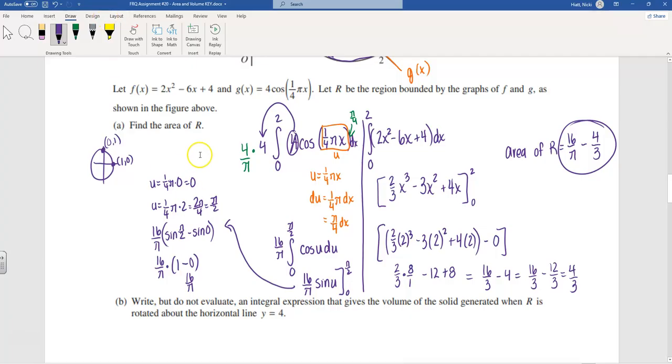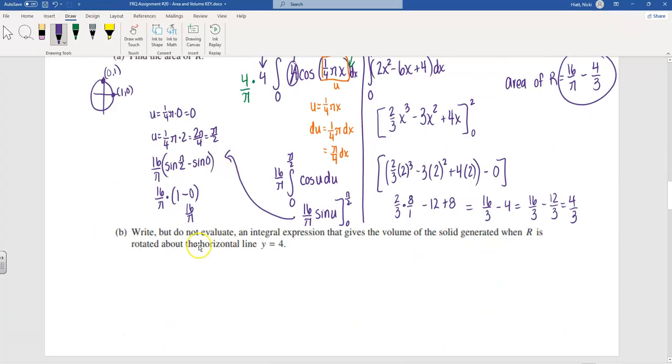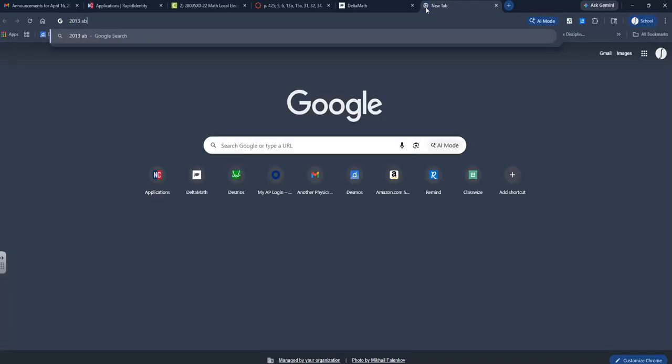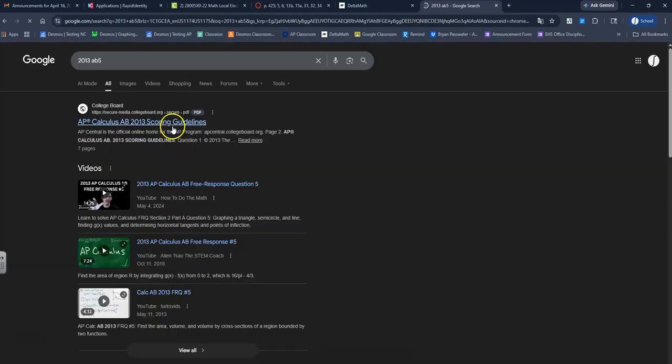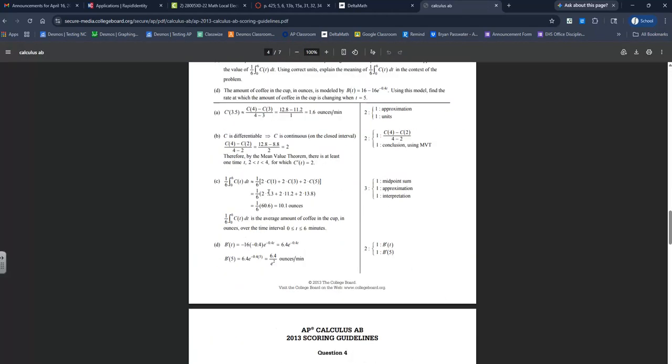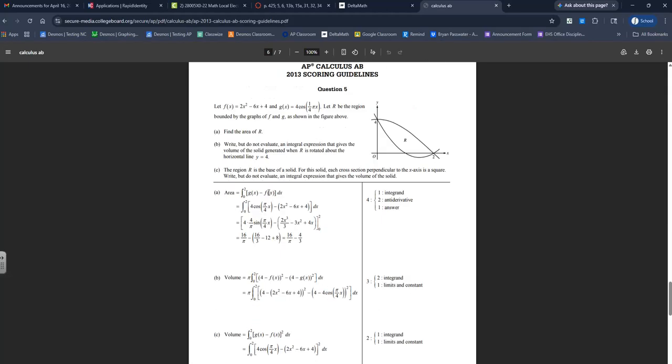I'm interested, did I put which? 2013 AB5. Let me look at the solutions for this. For this question, you get a point for setting it up, a point each for each antiderivative.